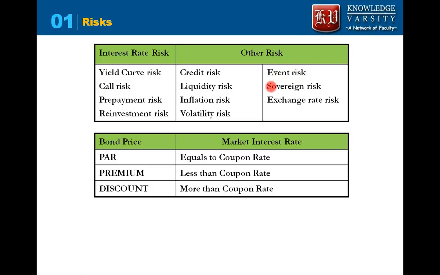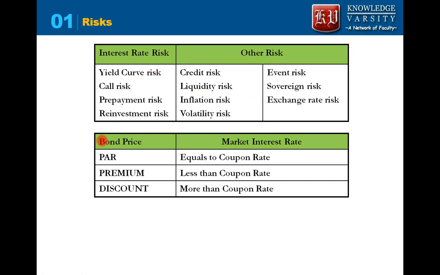Sovereign risk, that is the risk that comes due to the regulation of the country in which the corporation is based. Then there is exchange rate risk. If you have invested in bonds of corporations outside your country, you are exposed to foreign exchange risk. So these are the risks that a bond investor is exposed to.